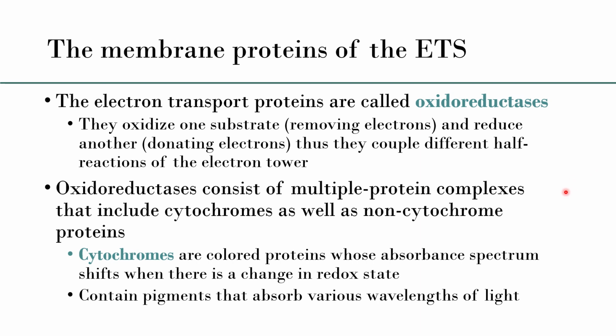And so usually these enzymes are made up of multiple protein components, and they form a complex, and many of these protein components are what we call cytochromes. And when we look at that term, cyto means cell, chrome means color. So a cytochrome is just a colored protein in the cell, and we know of one that we used in lab, the TMPD that we used for the oxidase reaction.